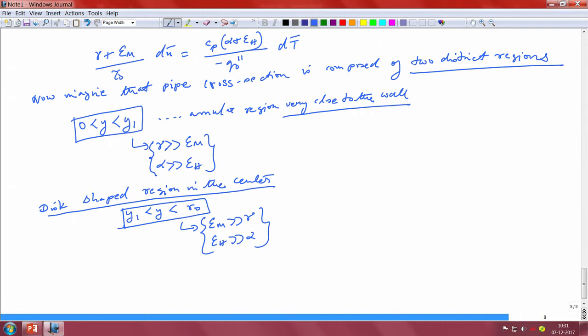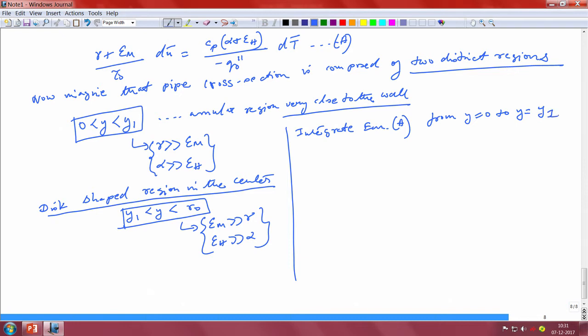So, what we can do is take this equation, let us call this A, and integrate equation A from y equal to 0 to y equal to y1.